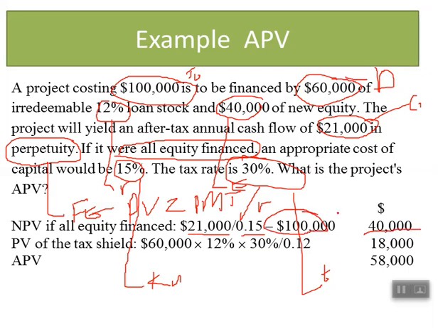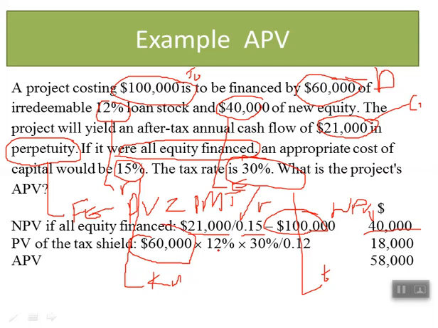So this is the NPV, which is ungeared. Now we need the present value of the debt tax shield. So the present value of the debt tax shield is going to be the interest we are getting.